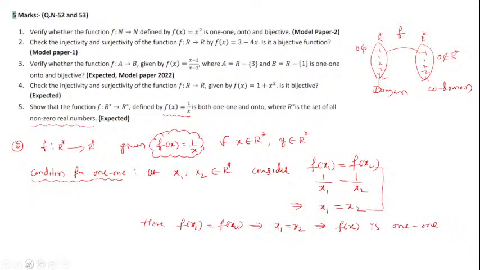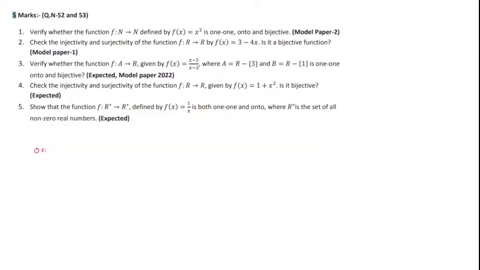We'll see how to check the onto function. Please go through these points. We'll check the condition for onto. Okay. So how will the onto function be? See, to check the condition for onto, I have already told you the steps: consider your function as y equal to f of x and express y in terms of x, and for all your y you must show there exists some x.